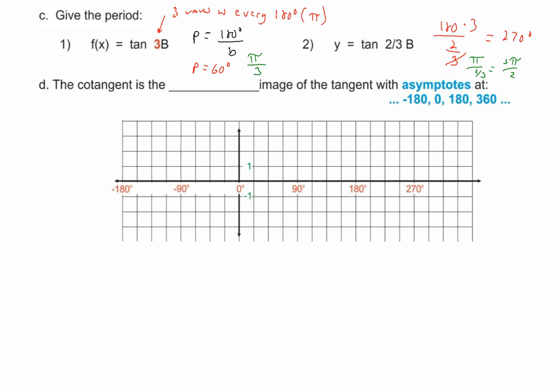Okay, so what about the cotangent? Well, the cotangent is just a mirror image of the tangent. The only thing is the asymptotes are at negative 180, 0, 180, 360, and so on. So the cotangent's asymptotes are 90 degrees out of phase.